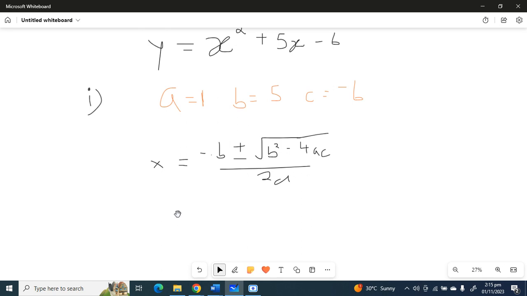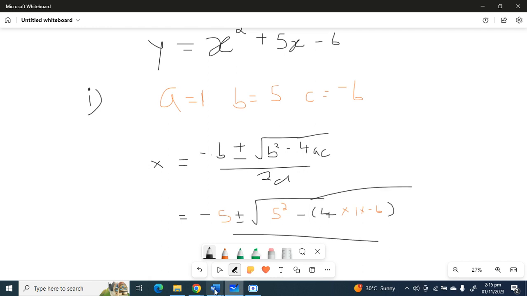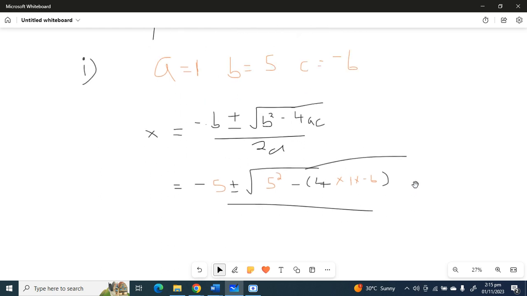Negative b, so that's negative 5, plus or minus the square root of 5 squared minus 4 times 1 times negative 6, divided by 2 times a, 2 times 1.